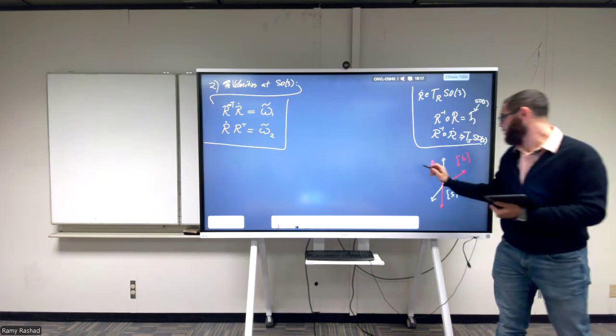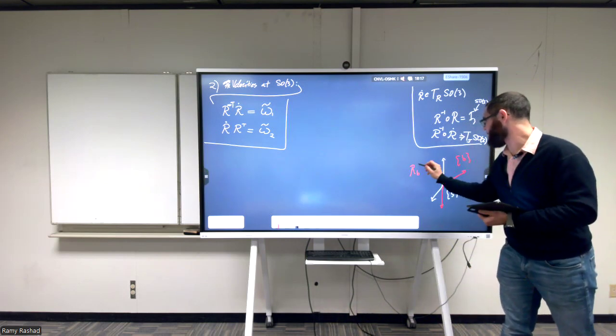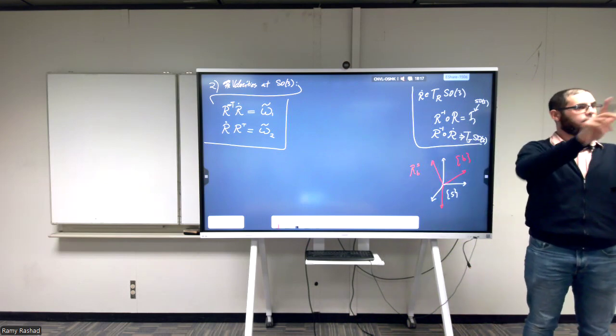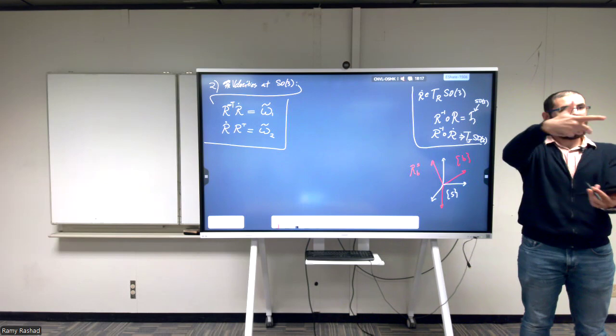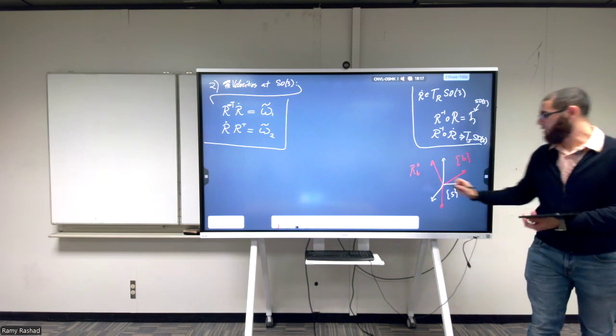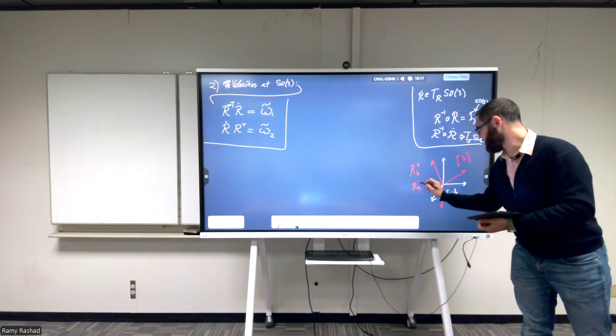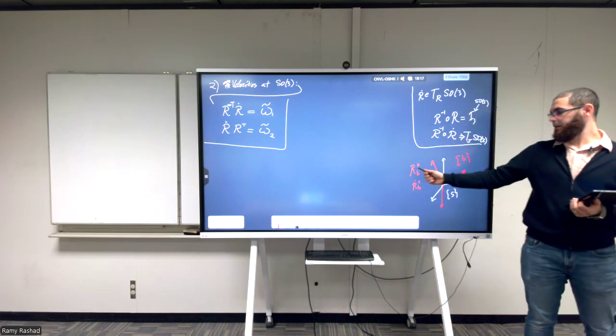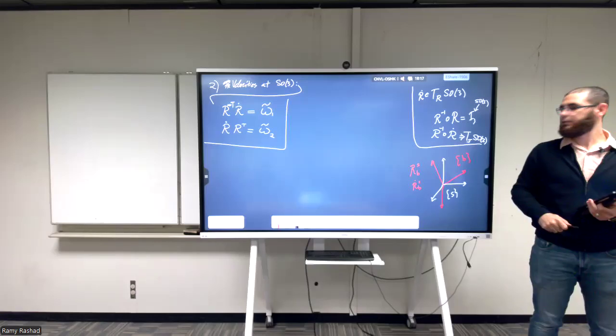So we're going to represent the configuration of B with respect to S by some rotation matrix, and it's changing in time. So there is also a rate of change of this. This is a 3x3 matrix, and this is a 3x3 matrix.